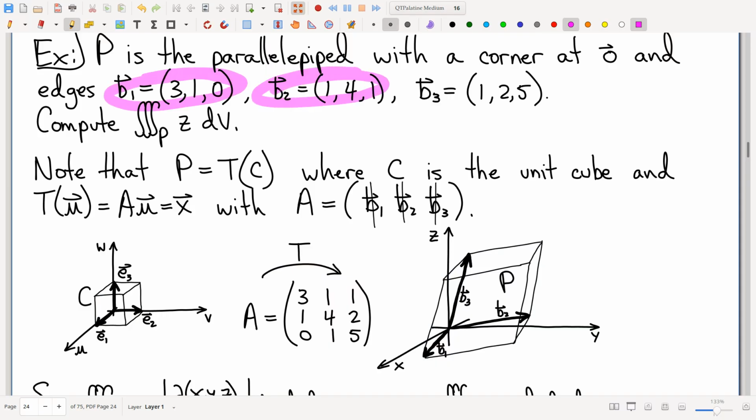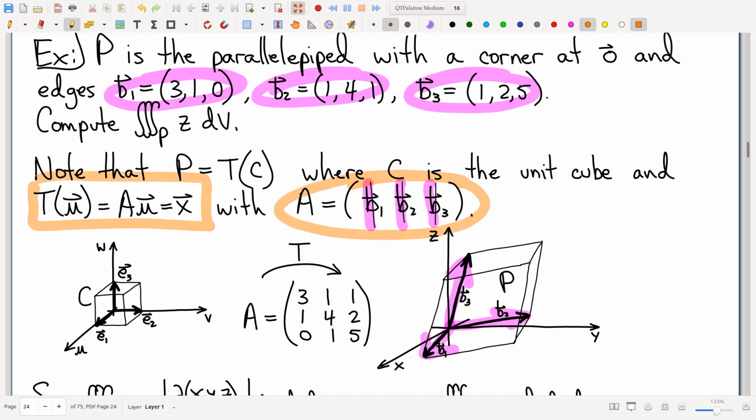These edge vectors, whatever are the edge vectors defining your parallelepiped, make those the columns of your matrix. That matrix, use that to define a linear transformation. That's your change of variables function. That simple. Very cool little trick, right?